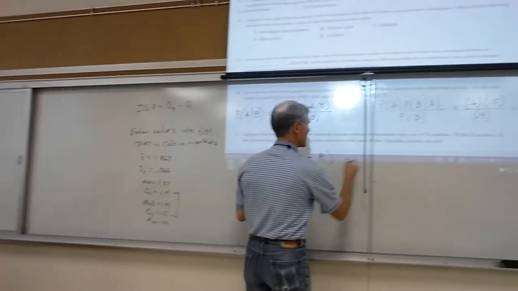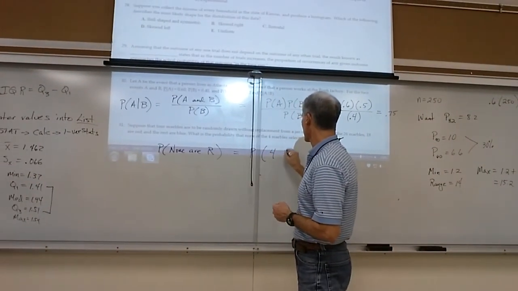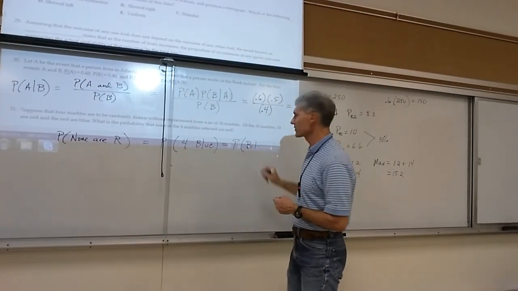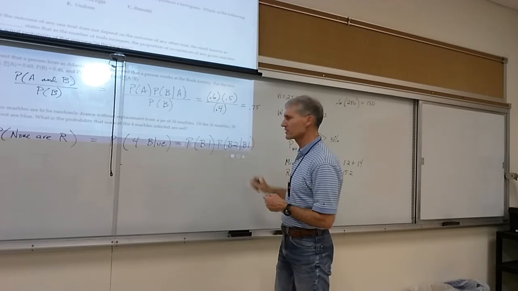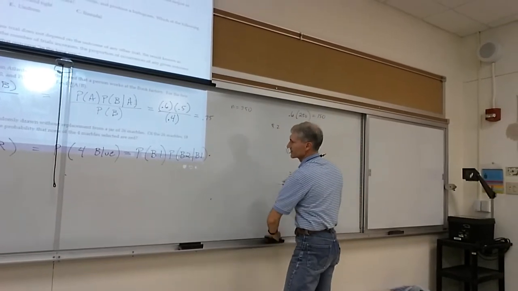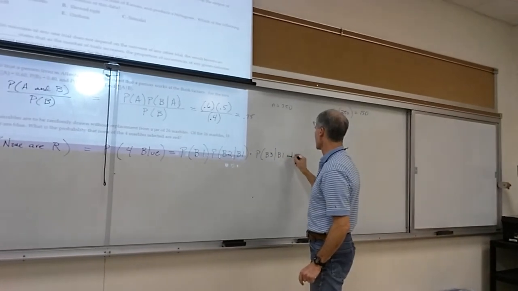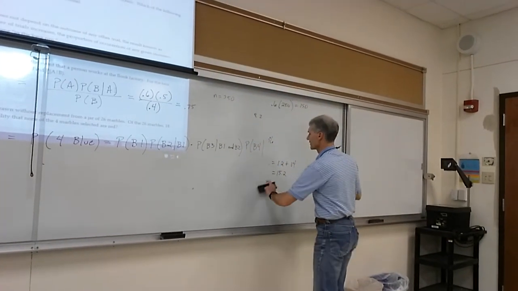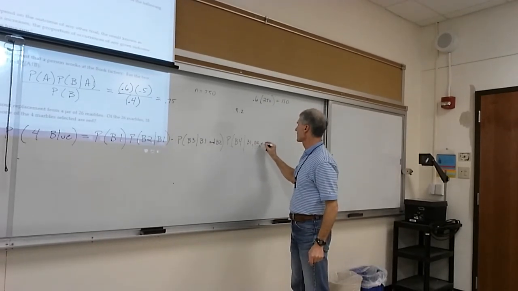So this is the same as the probability of 4 blue, which is the same as the probability of blue on the first one, times probability of blue on the second given blue on the first, times blue on the third given blue on the first and second, times blue on the fourth given blue on the first, second, and third. Boy, this is getting long.